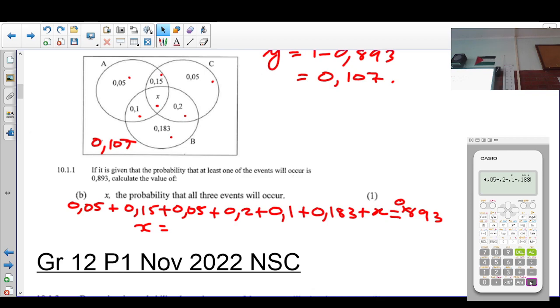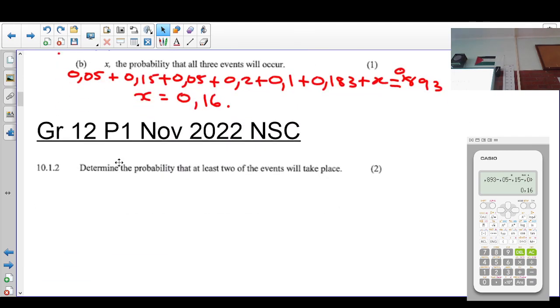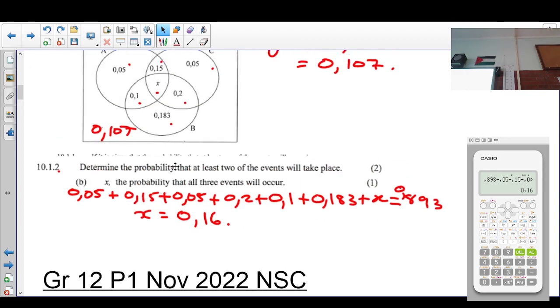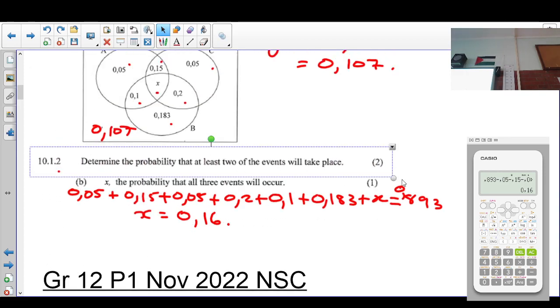Gives you 4 over 25, which is 0.16. Okay. Look at the next question. Determine the probability. I was going to put 0.16 in there.